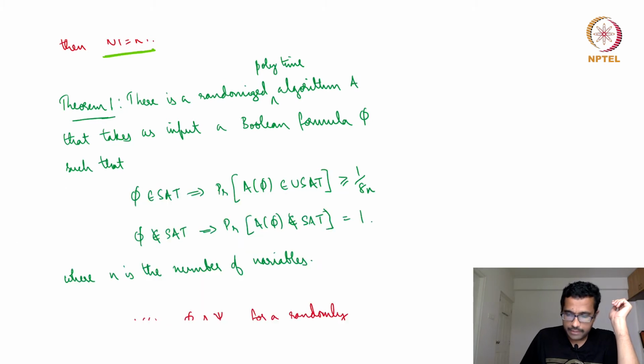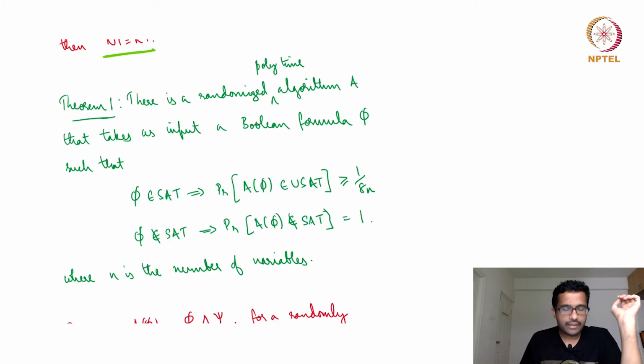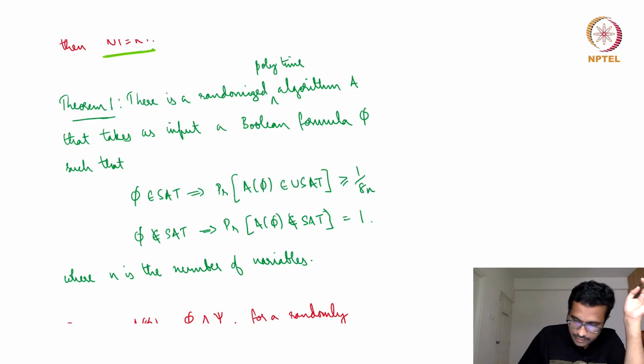There is a randomized polynomial time algorithm A that takes a Boolean formula and reduces it to another Boolean formula, or constructs another Boolean formula, such that it's a reduction from satisfiability to unique satisfiability.